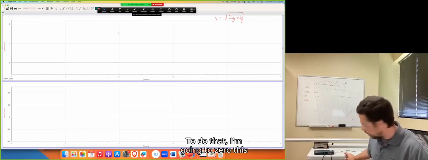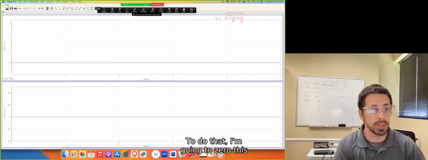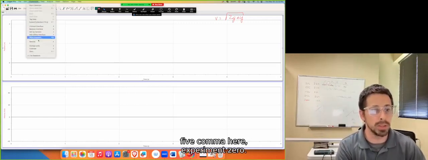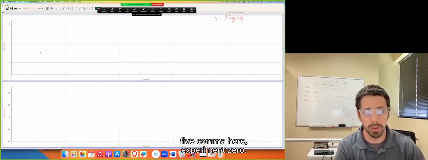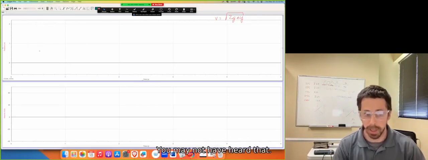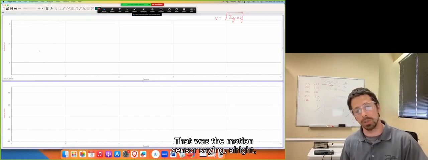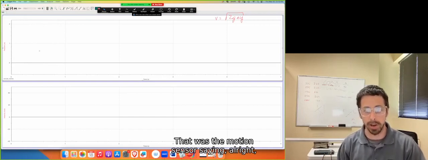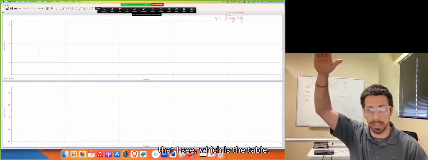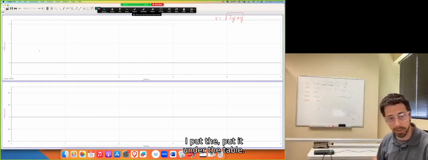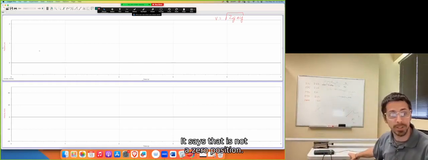To do that, I'm going to 0 this. So I've come up here, experiment 0. You may not have heard that, but you might have heard some clicks. That was the motion sensor saying, all right, I'm going to set this distance that I see, which is the table. I put it under the table. It says that is now the 0 position.